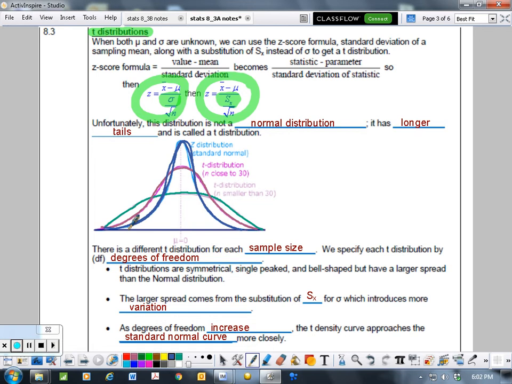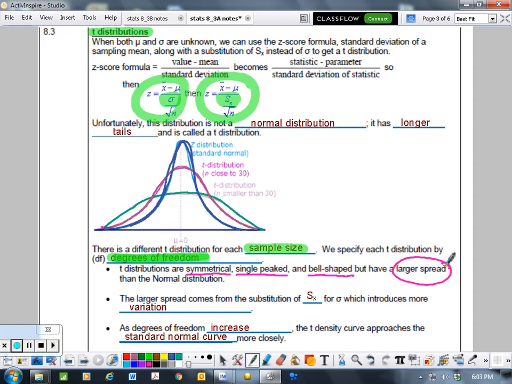So each distribution looks different depending on the number in our sample, and we call that degrees of freedom. How many people are in our sample will determine the shape of our distribution, so we need to calculate degrees of freedom to figure out what that shape is. Now, t-distributions are symmetrical. That is important to know. They are single-peaked and bell-shaped, but they're going to have a larger spread than the normal distribution.